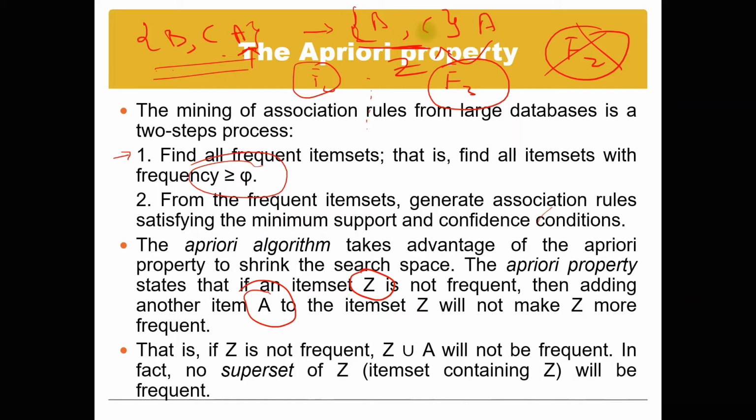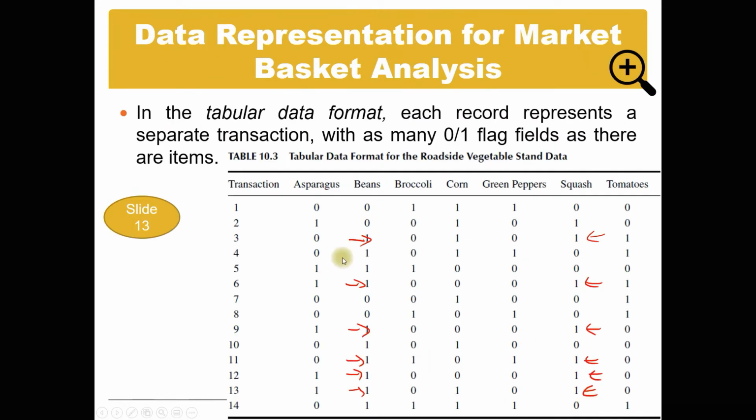So in other words, any rules that include B and C will be disregarded. So that is the idea. I repeat, if Z is not frequent, Z union A will not be frequent. That is the concept of the a priori algorithm. And this helps us to reduce our search space in such a way, like imagine here, for example, B and C. Okay, like I told you, you have broccoli and corn.